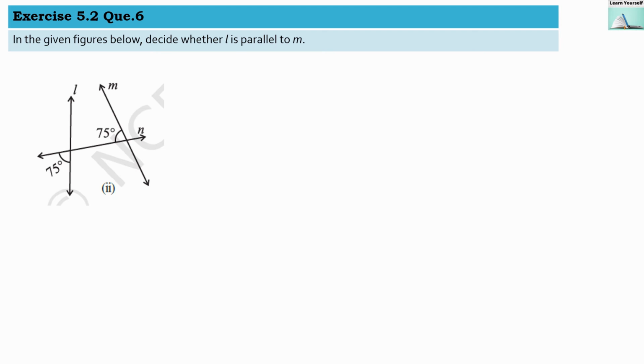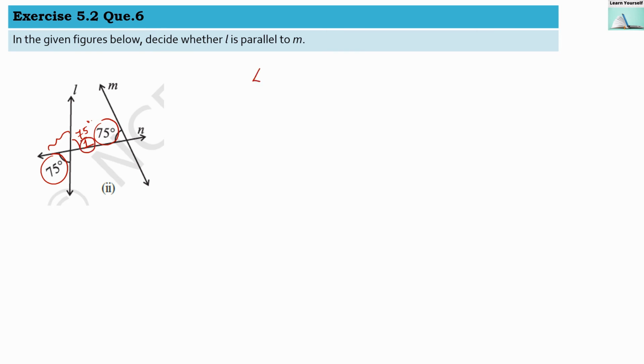Our second example. Here they have given us two angle measures, that is 75 degrees, and the second angle is over here, that is also 75 degrees. Now let us assume one more angle here, and these two angles are vertically opposite to each other. So that's why this angle's measure will also be 75 degrees, and I am naming this angle 1.